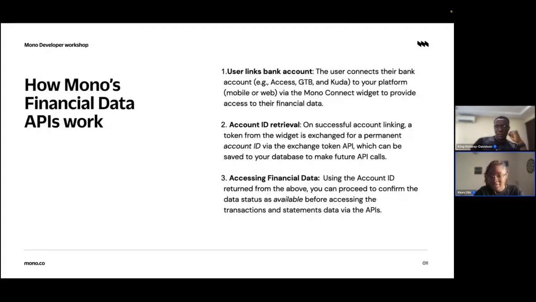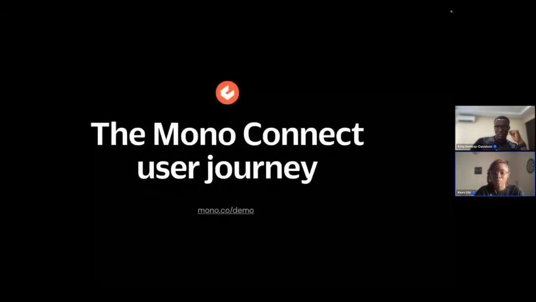Now, using that account ID, you can then go ahead and check the data status to confirm that the data is available. You can then go ahead to retrieve transaction information or statements and so on. So now I'll be showing you a demo of what this Connect widget looks like and how you can use it to retrieve data.